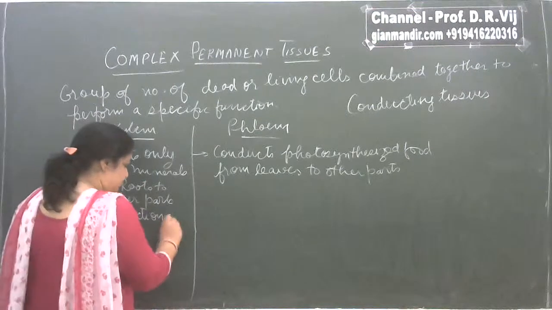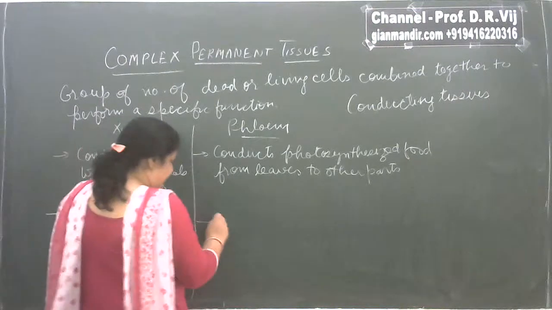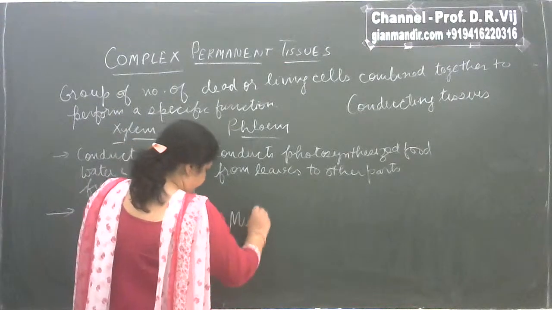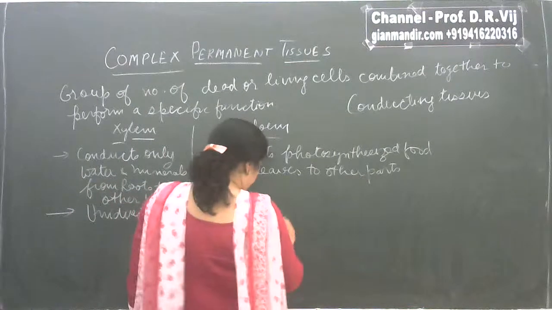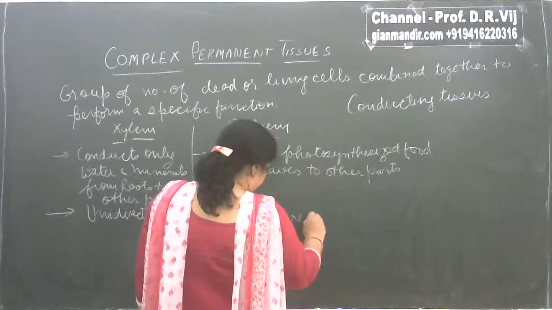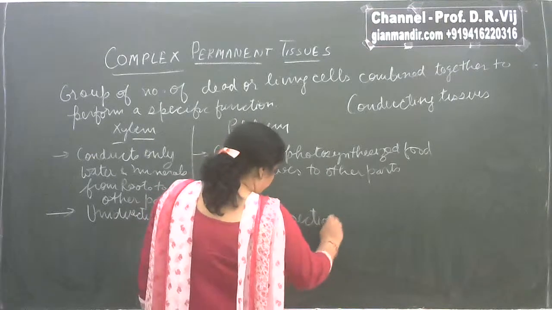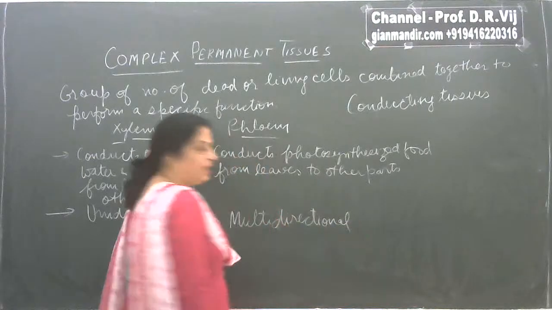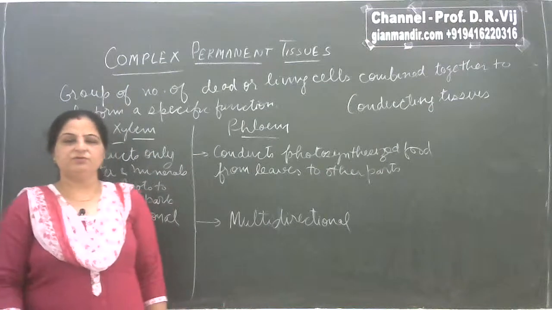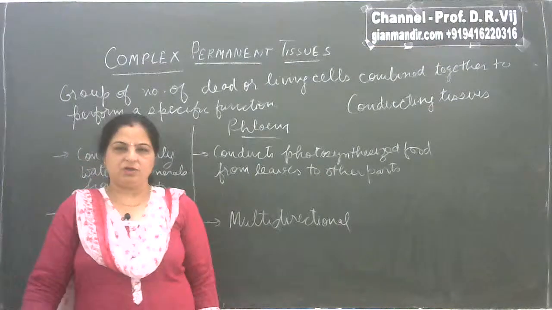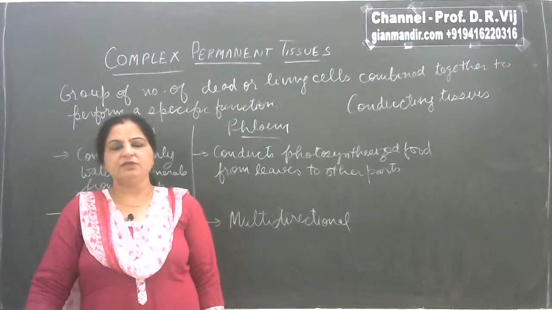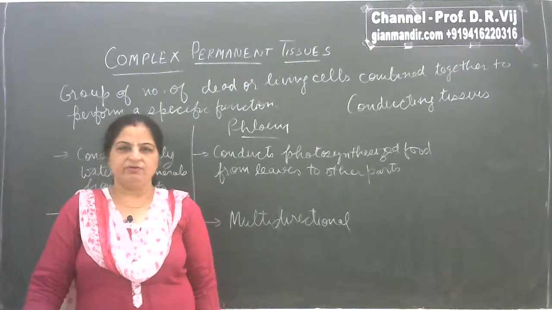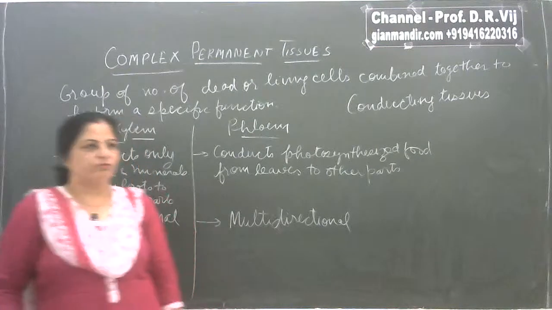That's why this conduction is known as unidirectional, whereas the conduction in phloem is multidirectional, because depending upon the requirement of the plant, the photosynthesized food may move from top to bottom, from bottom to top, or even sidewise. So this kind of movement in phloem is known as multidirectional movement.